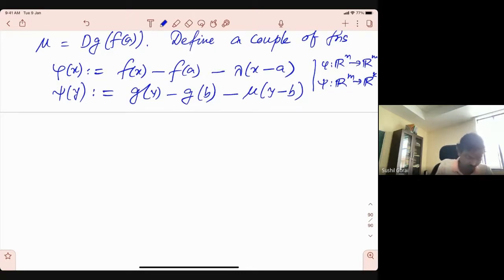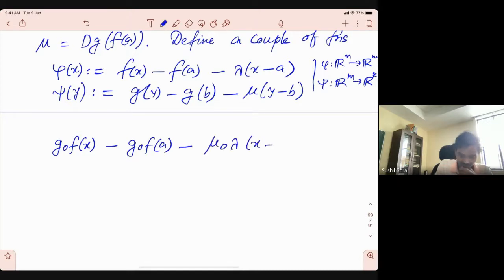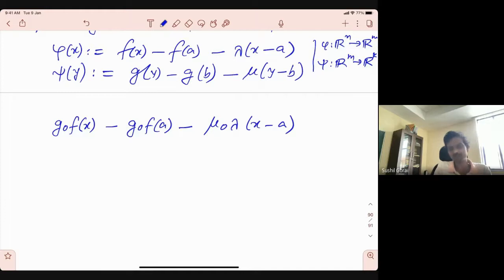Now we consider this part: g compose f at x minus g compose f at a minus the candidate. So what was the candidate? Mu compose lambda of (x minus a). We want to show that the norm of this divided by the norm of x minus a tends to 0 as x tends to a.